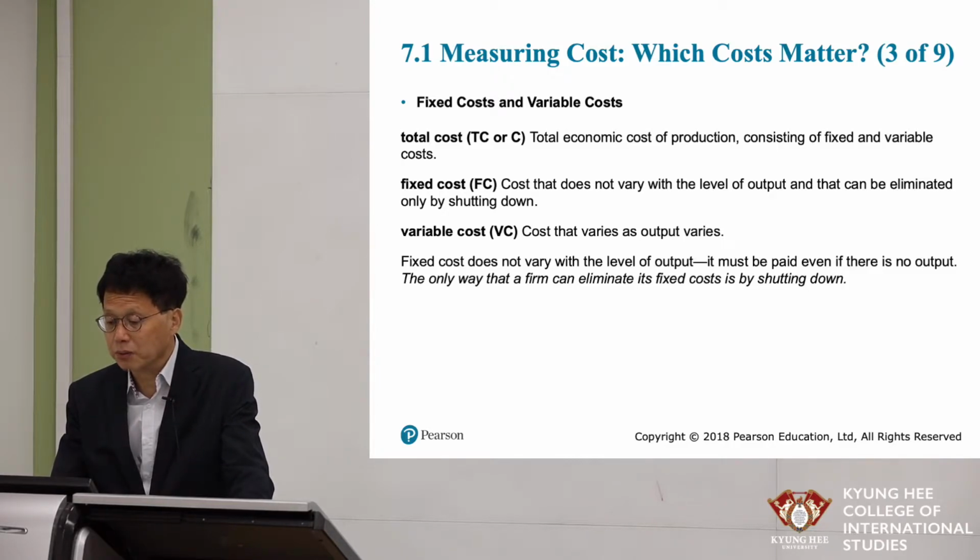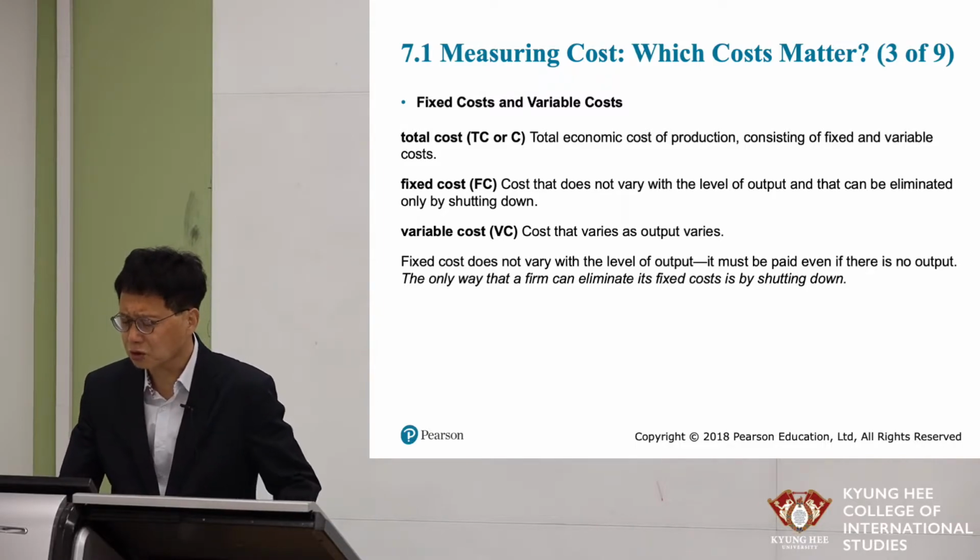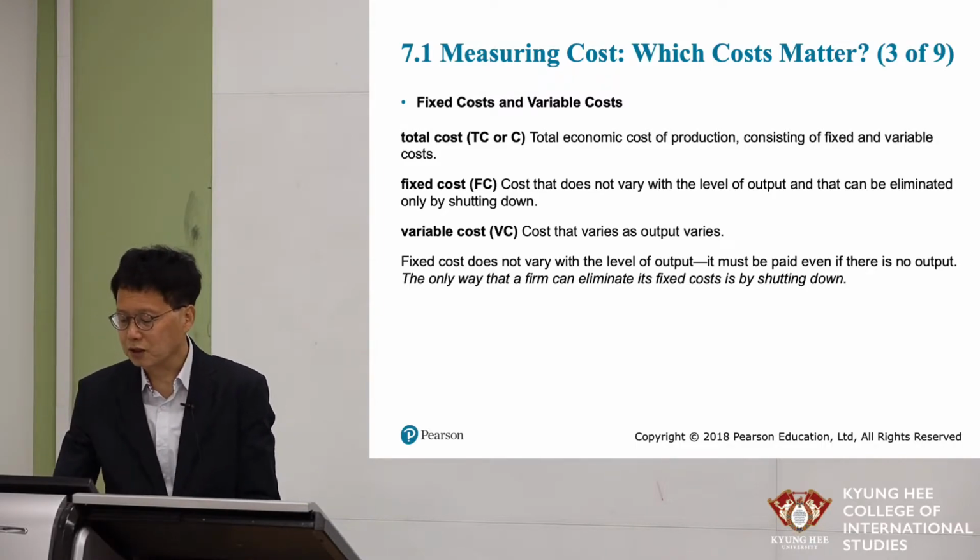Anyway, you have to pay some rent for capital. Okay, that is fixed cost. Variable cost varies as output varies. You produce more pizza, then you can hire more labor in the short run, right?